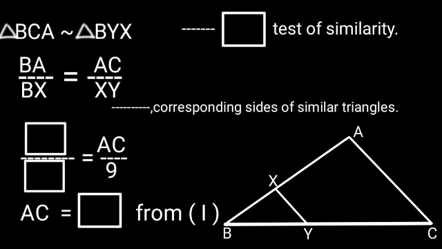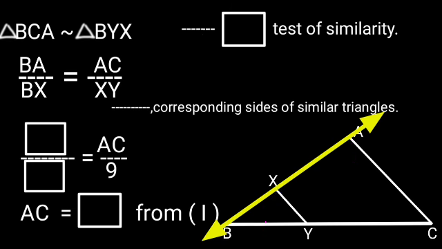In triangle BCA, similar to triangle BYX, because XY is parallel to AC. Suppose AB is a transversal.